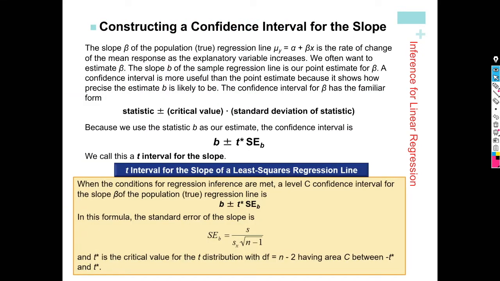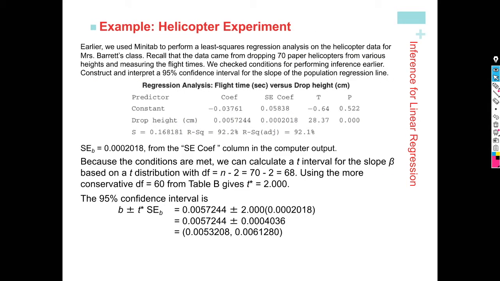There's a formula. Again, I don't want to go extremely into detail about it because your calculator will do that work. Or it'll usually have a computer output that'll do that work for you. For example, right here. If you were to do this, you would just need to plug in the values that you needed out of the computer output and get an estimate for what the slope is.